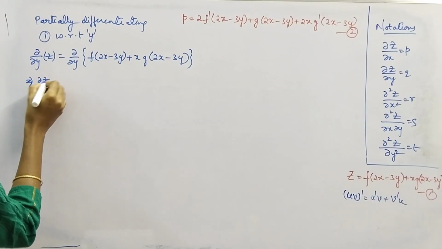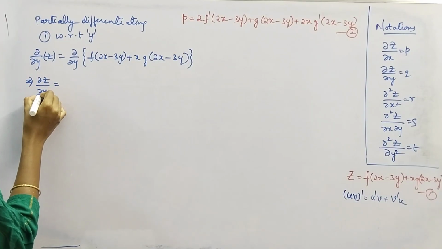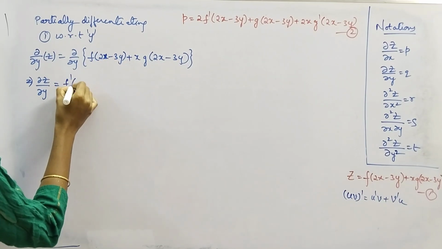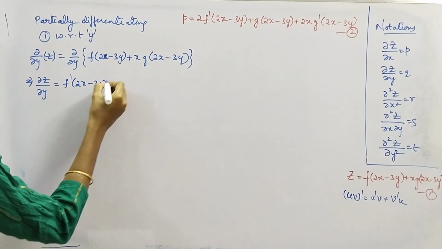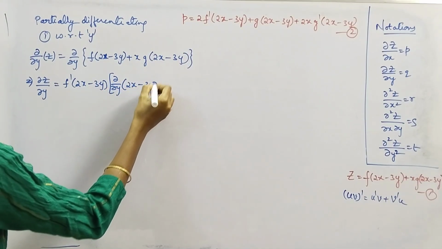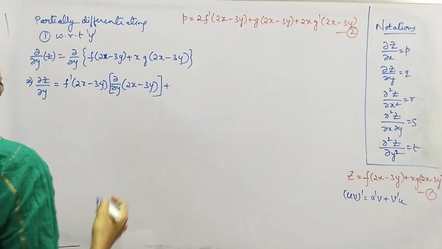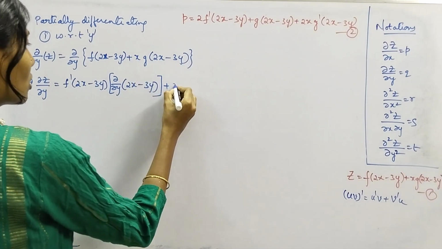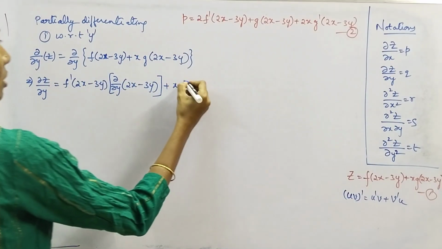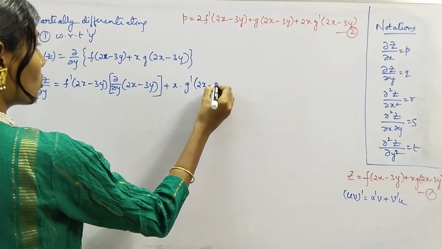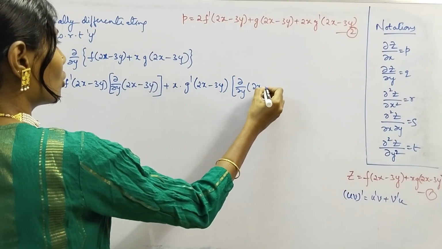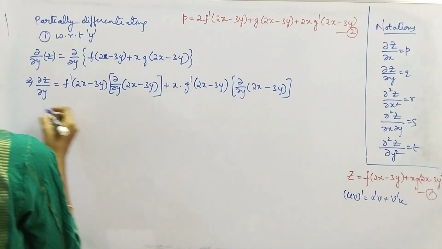This gives us dou z by dou y equal to partial derivative of f of 2x minus 3y with respect to y, which is f dash of 2x minus 3y into inner derivative dou by dou y of 2x minus 3y, plus, here x is treated as a constant, x into partial derivative of g of 2x minus 3y, which is g dash of 2x minus 3y into inner derivative dou by dou y of 2x minus 3y.